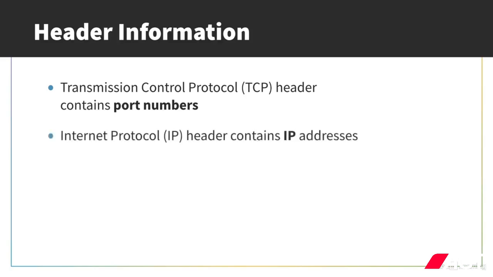The IP header has IP addresses. Ethernet header comes with MAC or Ethernet addresses. Each address has its own purpose when switches and routers attempt to deliver a network message. We'll learn why we need these multiple addressing layers in another lesson.